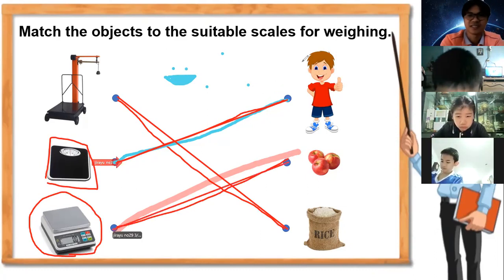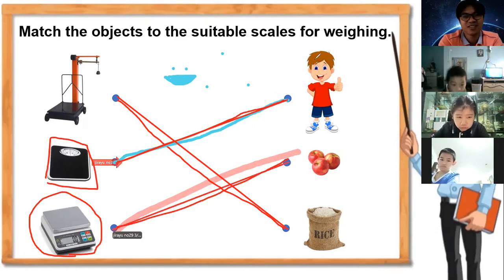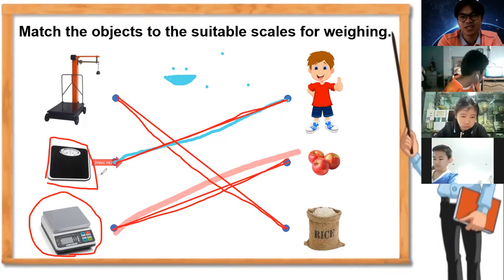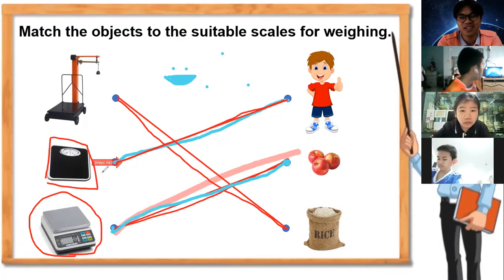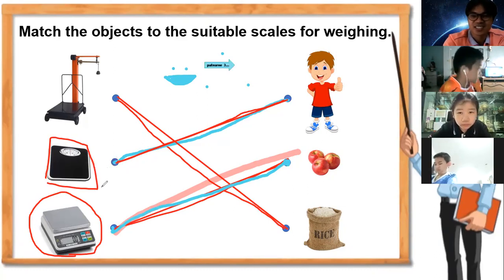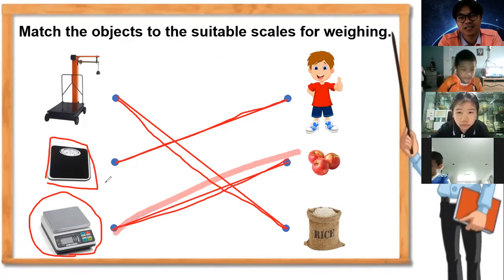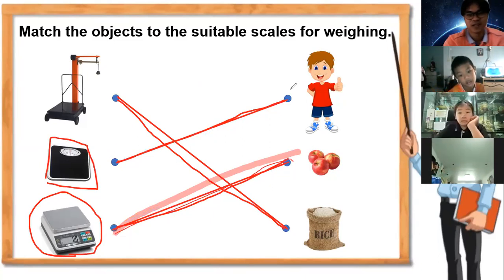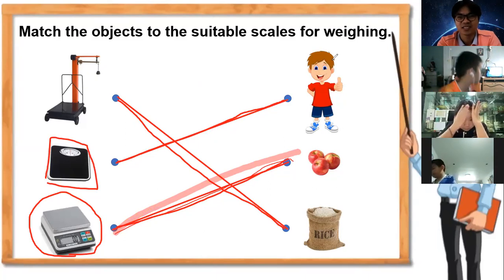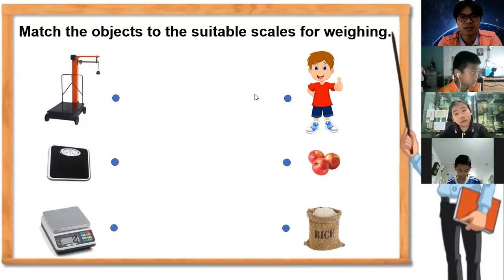You have this too? Very good. You can actually try that. If you have a measuring scale there, you can try the appropriate measuring tools to measure different objects. So these are the examples.